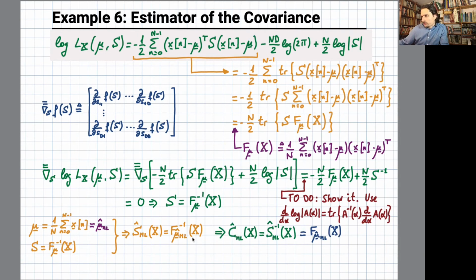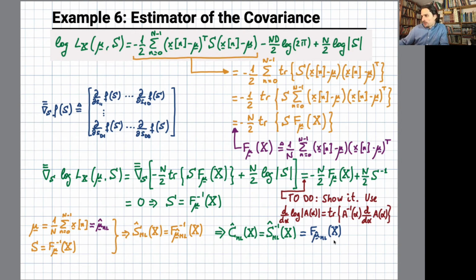So this was the first step in our procedure to apply the invariance property. The second step is, remember, to invert the ML estimator of S to find the ML estimator of C, okay? And therefore this estimator is just F of mu hat ML.